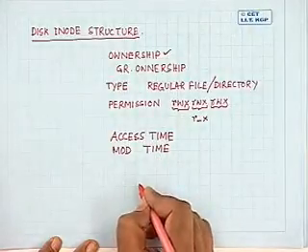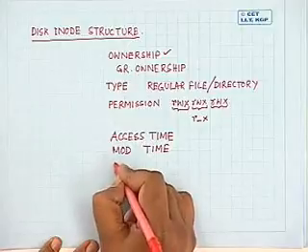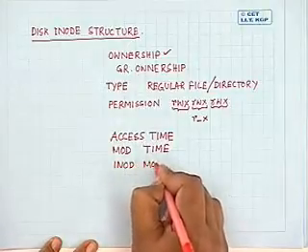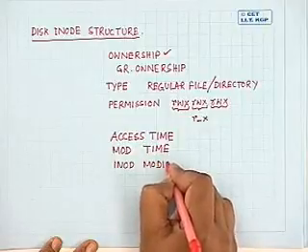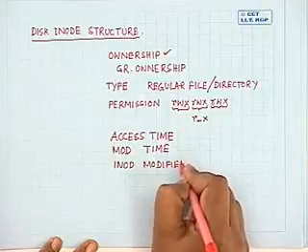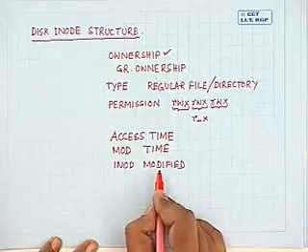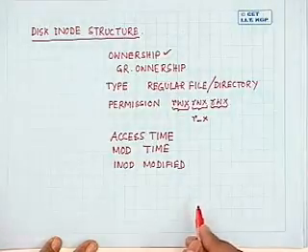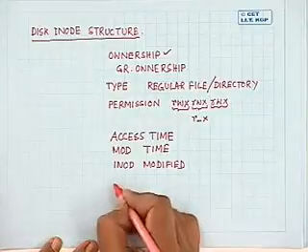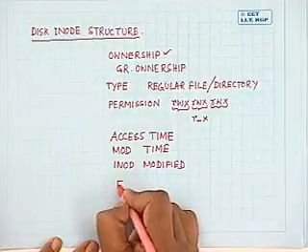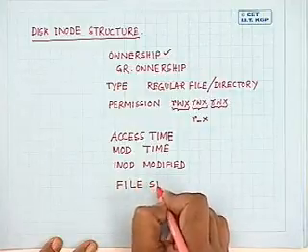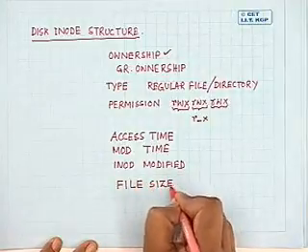We also have the time when the inode was modified. This is the time information of when the inode was last modified. So this information you also have in the inode. Obviously, you have to have information about the size of the file, that means how many bytes the file occupies.